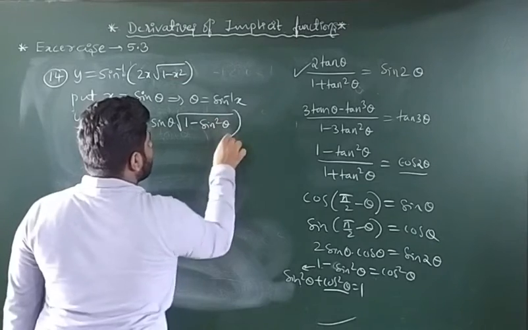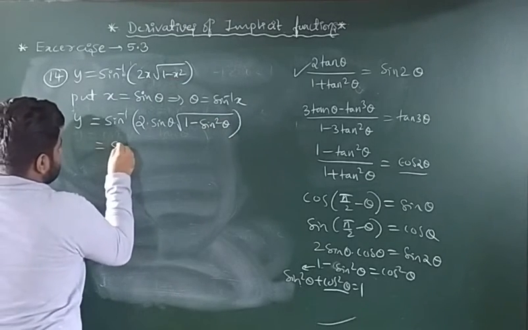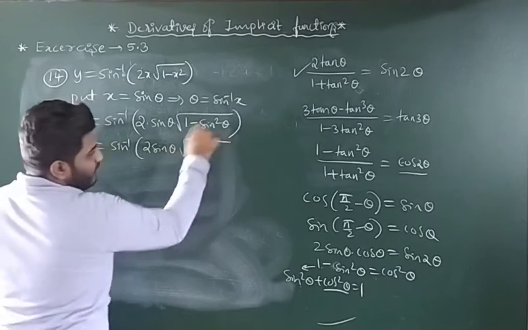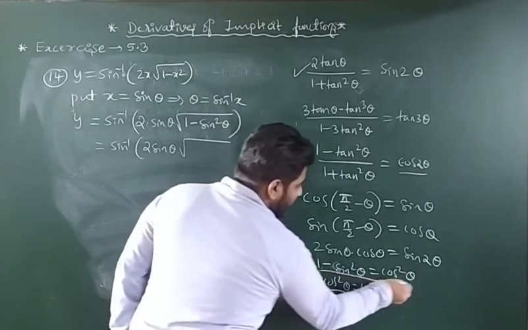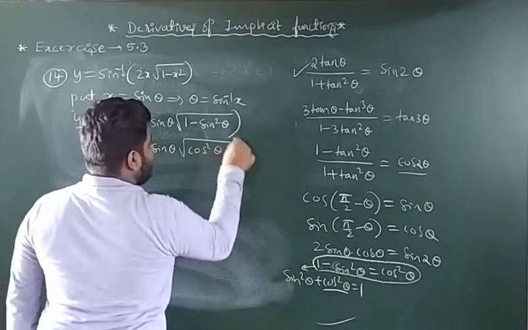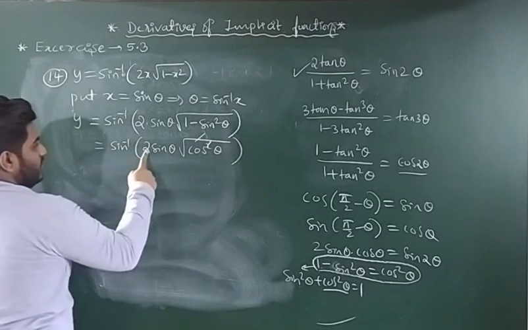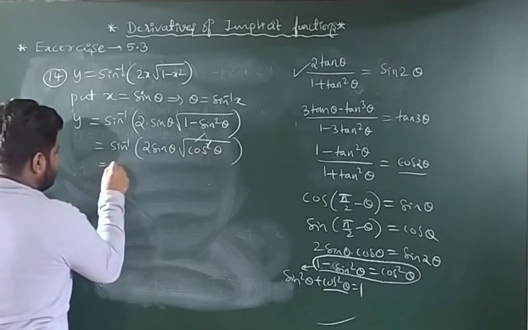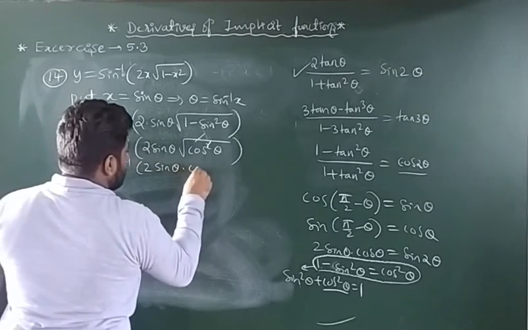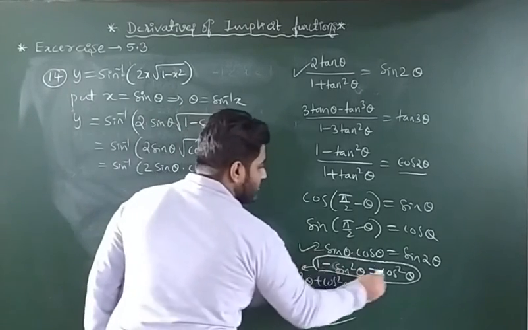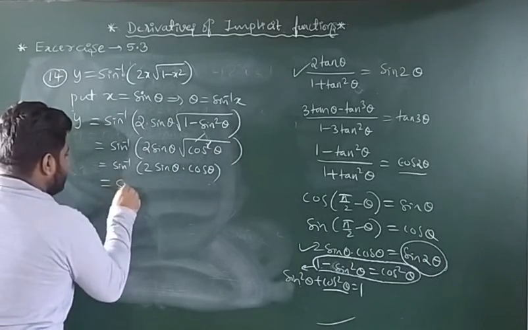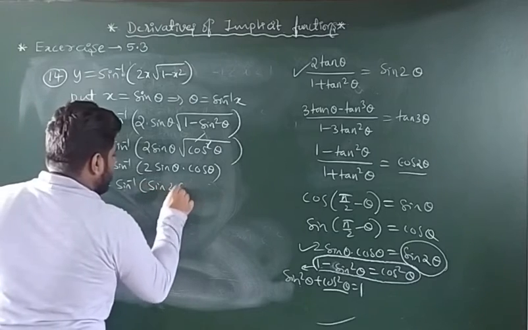Sin square theta. 1 minus sin square is cos square theta. So put here cos square theta. Square root gets cancelled. 2 sin theta into cos theta we are getting. Sin inverse of 2 sin theta into cos theta. So 2 sin theta into cos theta is sin 2 theta. Substitute here: sin inverse of sin 2 theta.